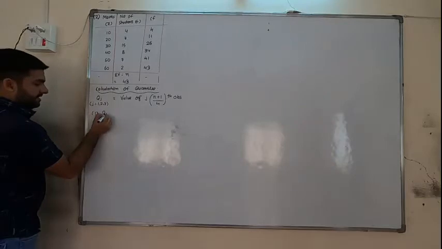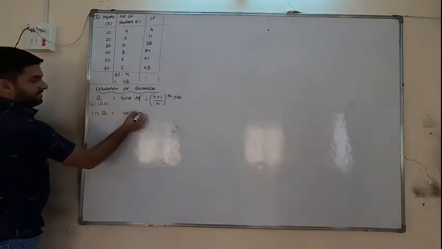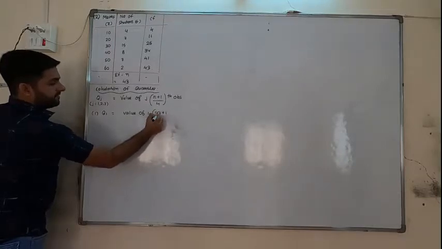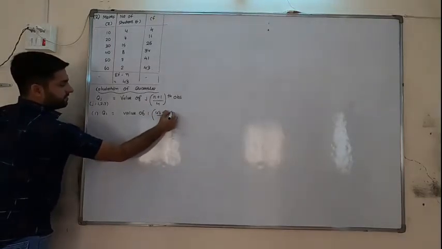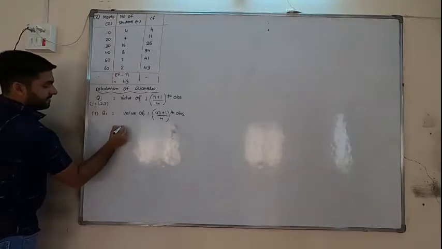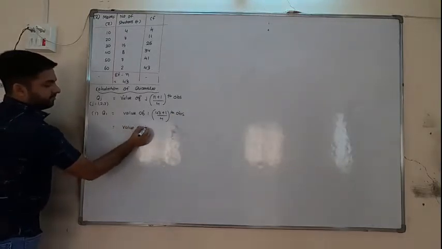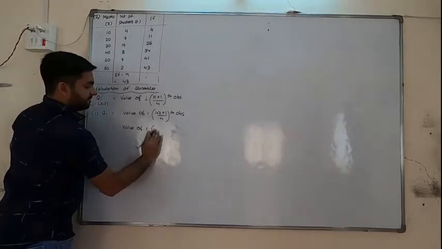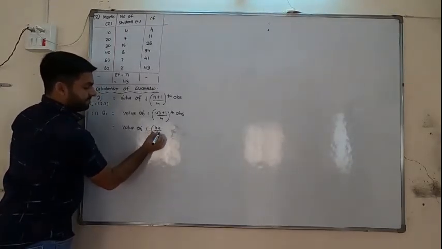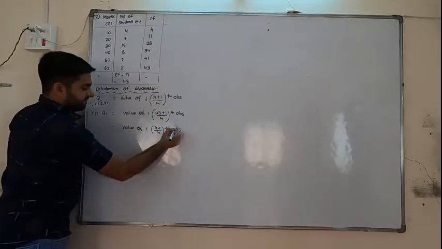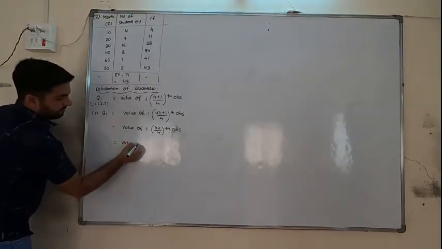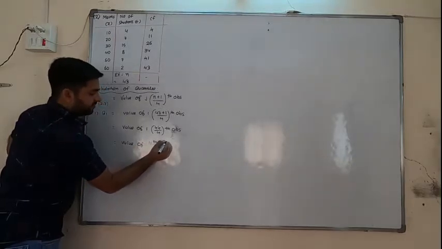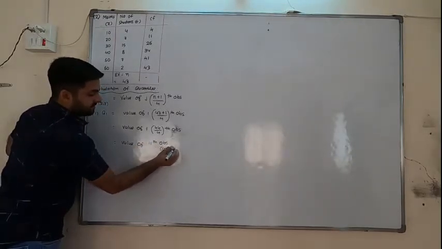Now for number 1 we need Q1, the value of 1 times (43 plus 1) divided by 4th observation. The value of 1 times 44 divided by 4th observation. 44 by 4 is 11, and 11 ones are the 11th observation, which we check in CF.